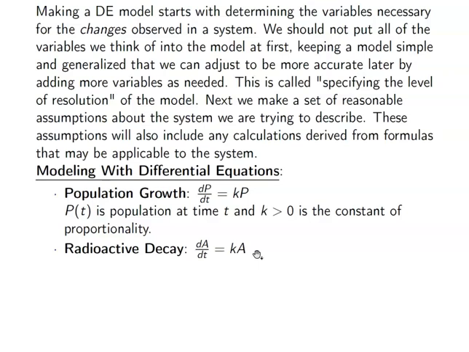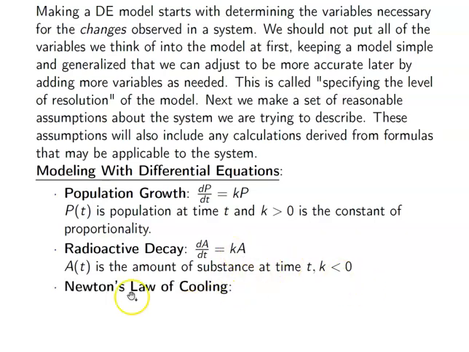And so the new amount would be a lot less proportionally, right, than if there's a lot of it. A of t is the amount of a substance at time t. K here is less than 0, so it's a negative growth model. Okay. So again, very similar here. This is positive because it's growth. This is decay, so it's negative. I know I did say 0.8 would have been a decay, but 0.8 was still a growth. Actually, it's just that the rate of growth is slower than if it was larger than 1.